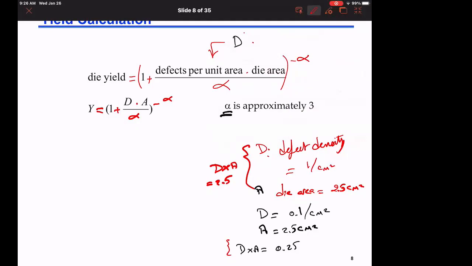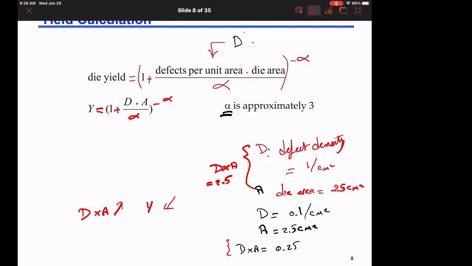So as D times A increases, the yield is going to decrease, and vice versa, right? The more chances I have of more defects in the die, the more the yield will drop, and that's where the power of minus alpha comes in. We don't have to remember this equation. It will be provided to us.